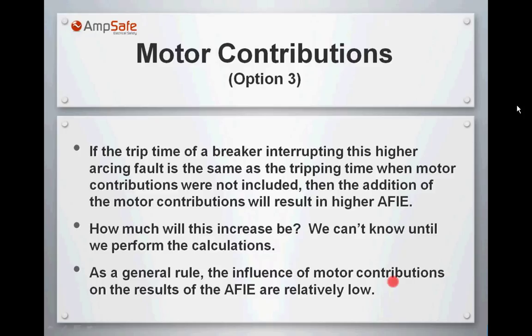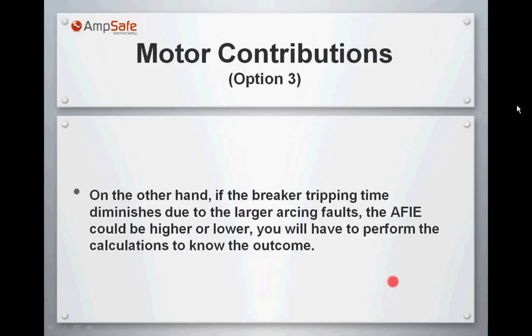On the other hand, what happens in the opposite case? What happens, for example, if the tripping time diminishes due to the large arcing fault currents? The tripping time diminishes because you were not, for example, in the instantaneous region of the breaker.